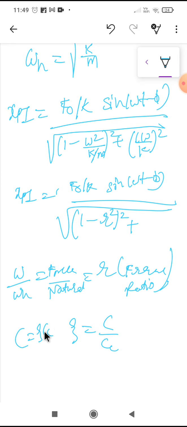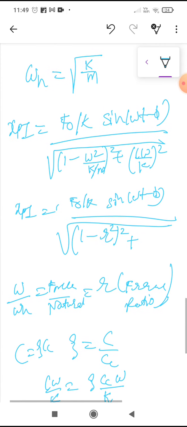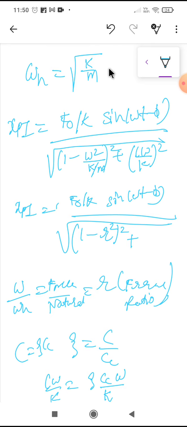So c omega by k will be zeta cc by k into omega. Now we know what omega n is. Omega n is also written as cc by 2m, that is cc by 2m.